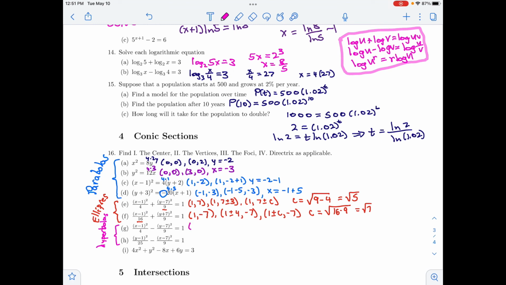So here's what we've got: (1, 7). Now, to get to the vertex, we're going to say 1 plus or minus 2. And then to get to the focus, we have 1 plus or minus c, where c is equal to the square root of 9 plus 4.